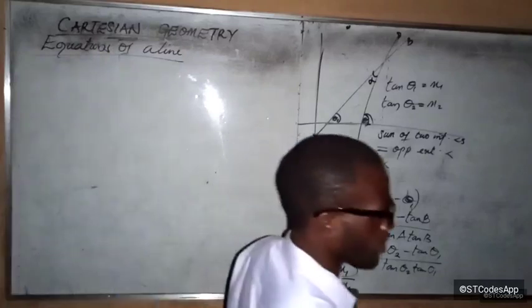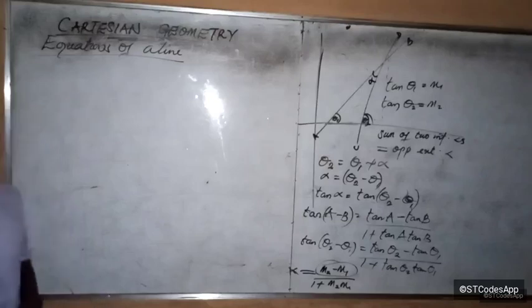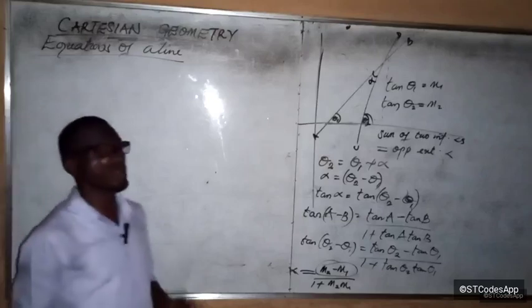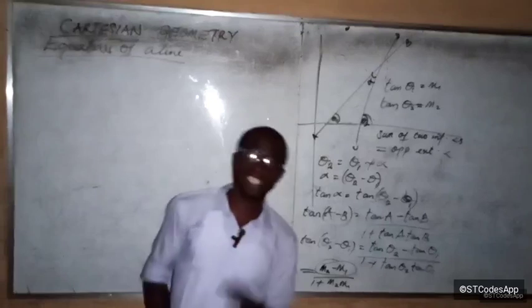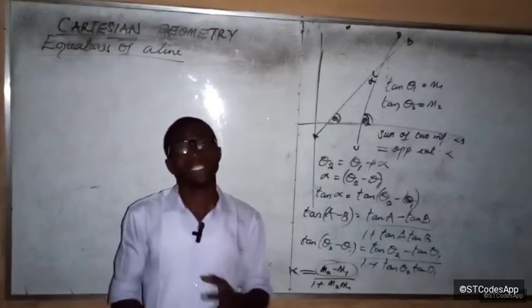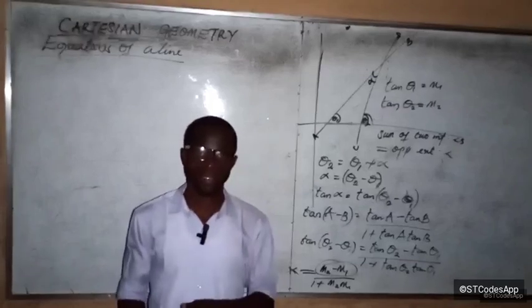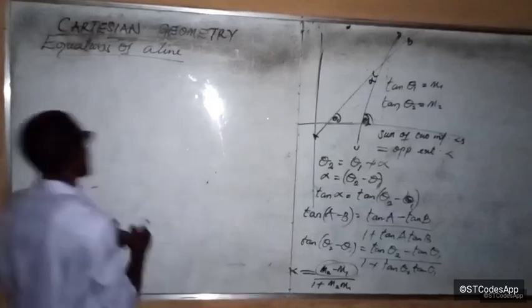We usually determine the equation of a line based on the gradient of that line. To be able to determine the equation of a line, we must be given one of three things. Either we are given the gradient of that line and the intercept of that line. We call that the gradient and intercept method.